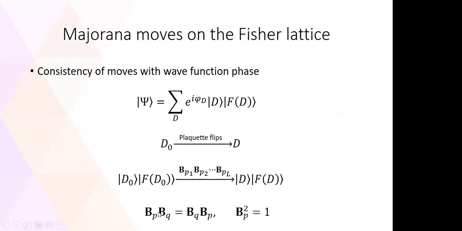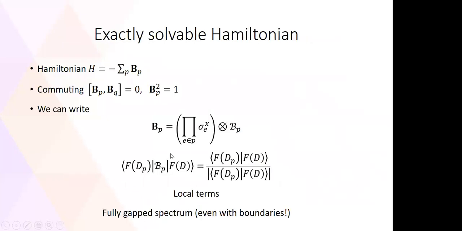They say how you want to write down the phase consistently. Essentially, what you want from the phase choices is that the plaquette moves commute. This is what you want from the flipping of plaquettes on the Fisher lattice or triangular lattice. This fixes the relative phase of the plaquette moves, and the Hamiltonian now becomes just a sum of these plaquette moves.